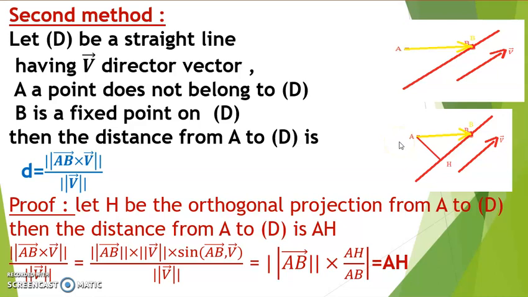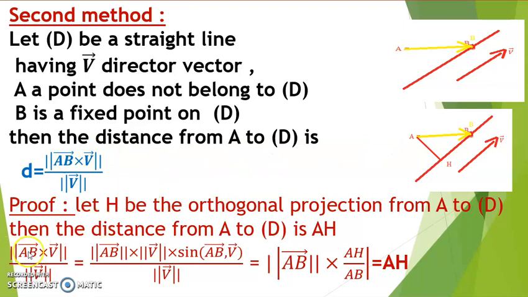As we know, the distance from A to the line D is the measure of the segment formed by the point A and the orthogonal projection from A to D. Call it H. So let's prove that this distance equals AH.